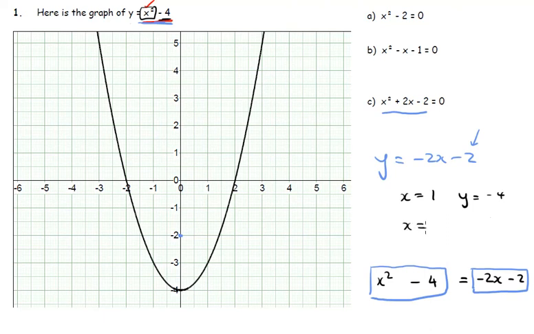Let's put x equals negative 1 in, so y equals minus 2 times minus 1 is positive 2, take away 2 is 0. So 1, minus 4 is here, and then minus 1, 0 is here. Let me draw a nice line through these three coordinates.